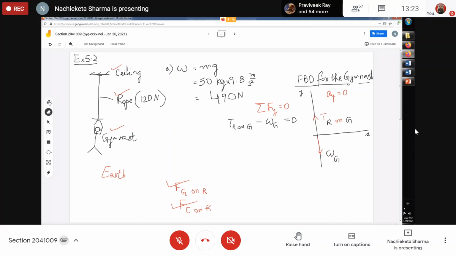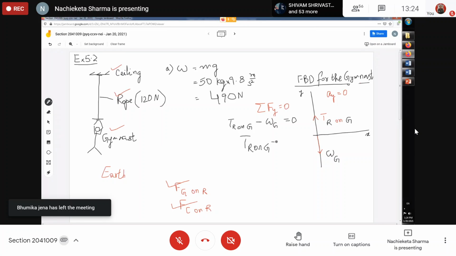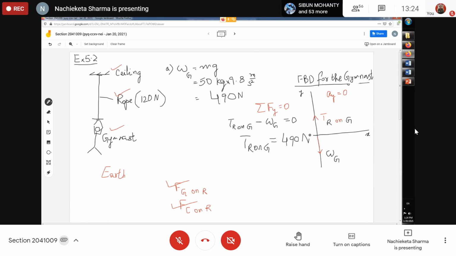And W G, the weight of the gymnast of mass 50 kg, we have already found out to be 490 Newton.